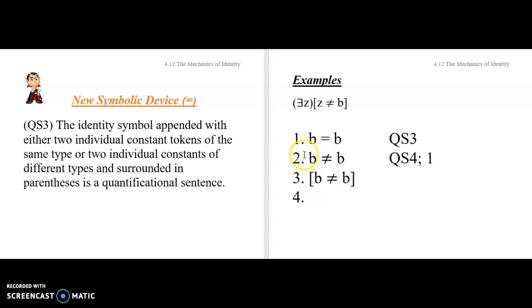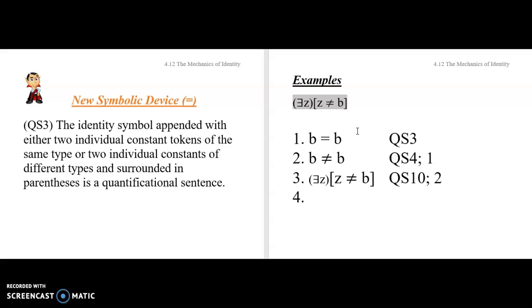This is the rule QS11, and we're going to have the quantifier in terms of Z, which does not occur in this expression, so we're okay to put it on there. We've got the Z on there, and we've got to replace at least one of these with the Z, and because it wants it on this one, we'll do it on that one, and that is QS10 on 2, okay? So this is, in fact, a quantificational sentence for us.